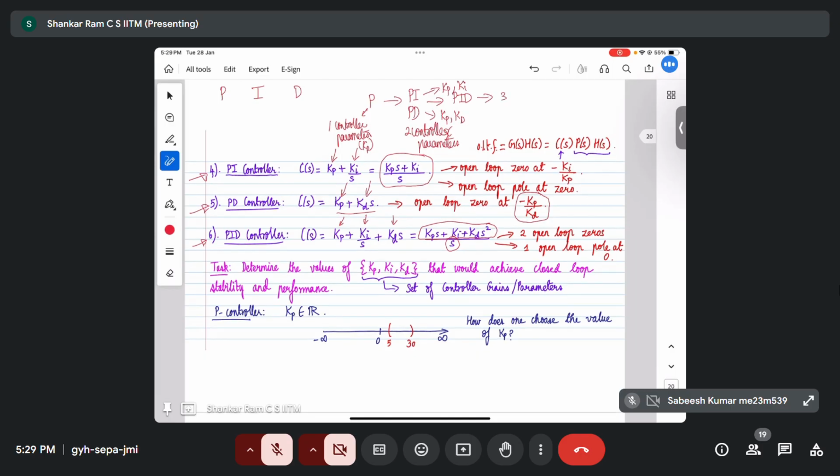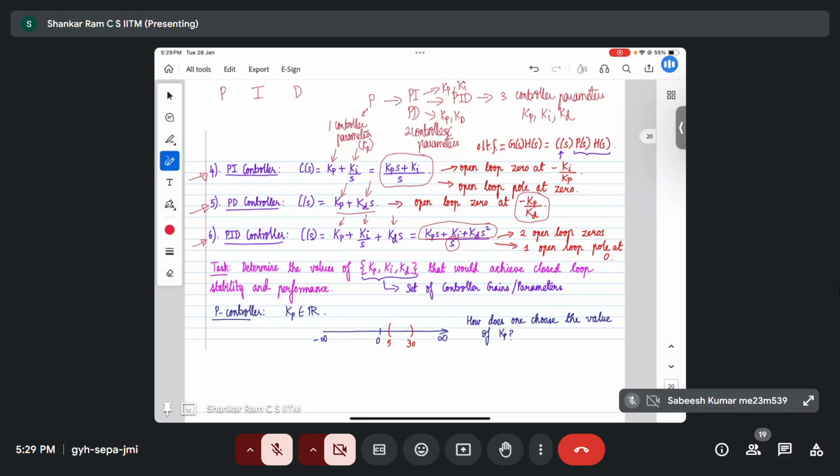In PID, we have three controller parameters: KP, KI, and KD. All three parameters come into play. Of course, as the structure of the controller becomes more complex, we have more parameters.